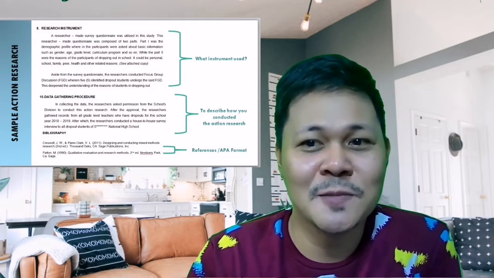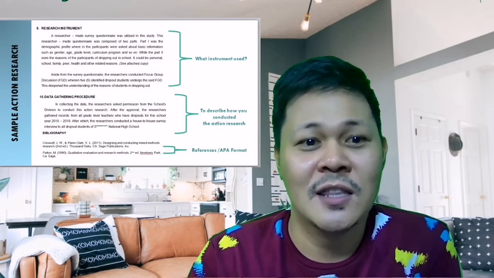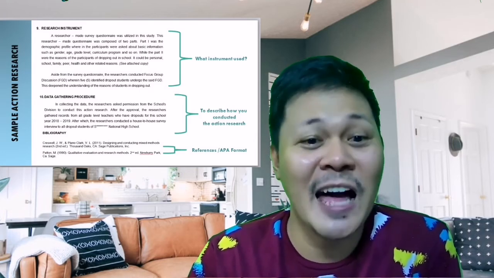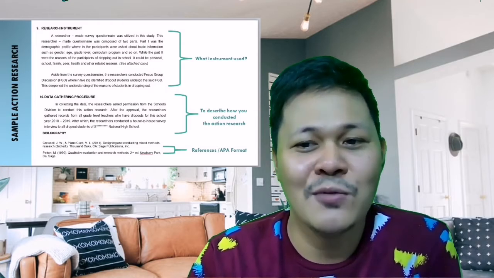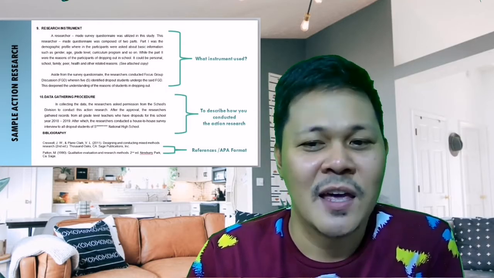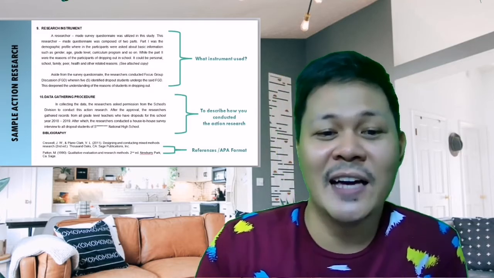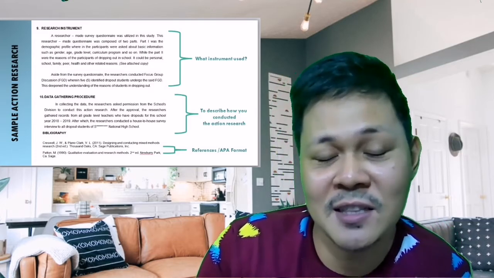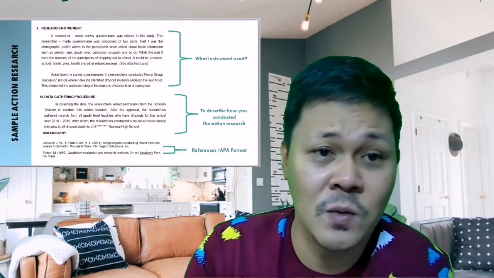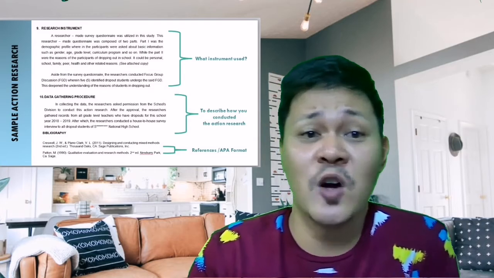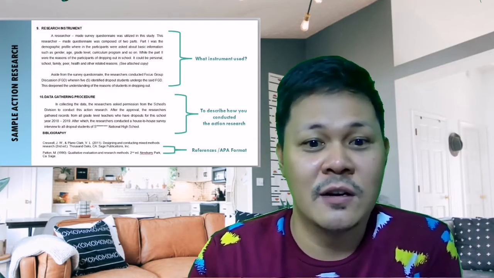So you will specify here what instrument you used in this study. Next is the data gathering procedure. Here you're going to describe how you conducted the action research. And lastly is the bibliography. So you are going to cite those references that you use in the study. It could be APA format or Chicago format, depending on your division.